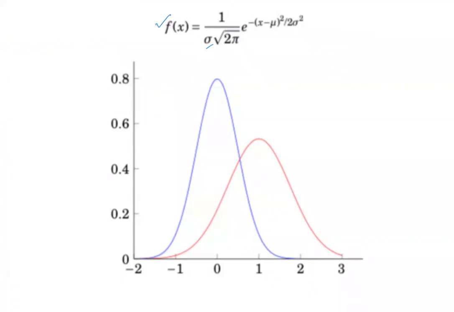That's the formula that defines these curves. Depending on what sigma and mu are, you will get different curves.